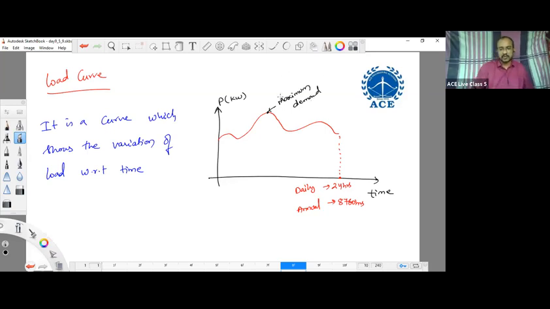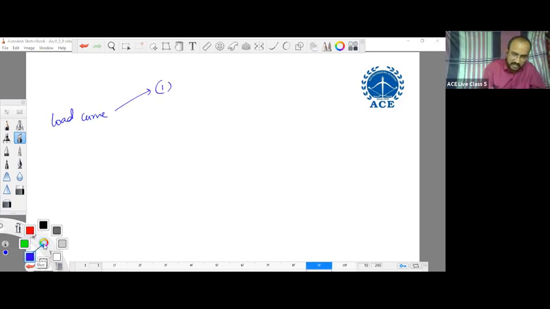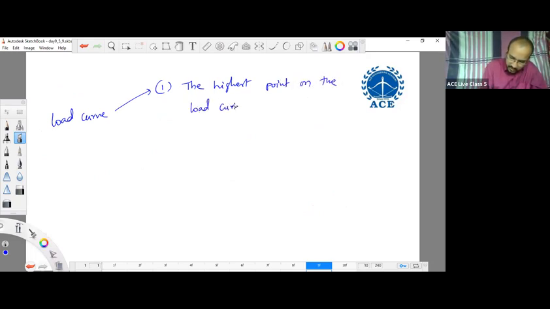From the load curve, the first thing we can calculate is that the highest point gives the maximum demand on the station.